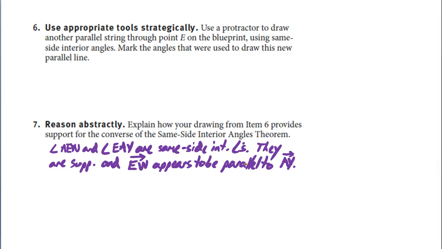If corresponding angles were congruent, then we knew the lines were parallel. If the alternate interior angles were congruent, then we knew the lines were parallel. And if the same side interior angles were supplementary, then we knew that the lines were parallel.